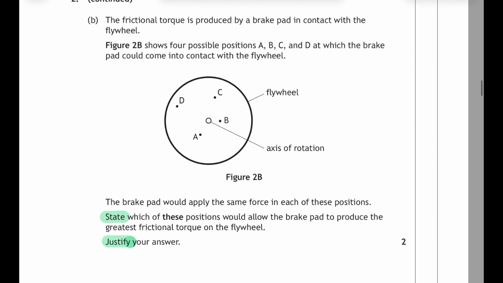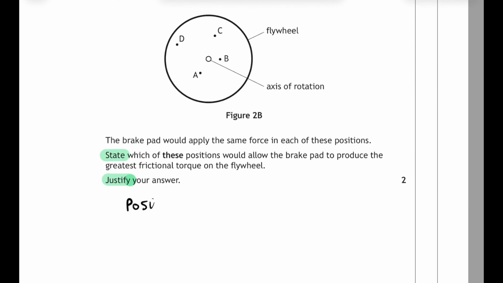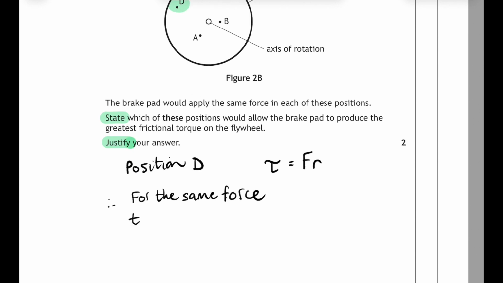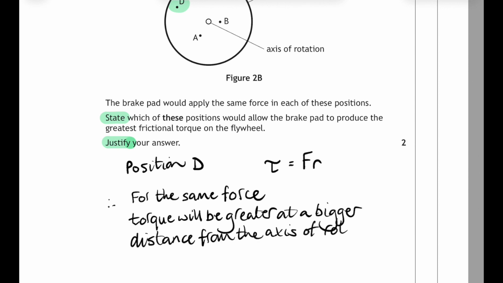Now, it would be position D, and if we think about this relationship on your relationship sheet, tau equals Fr, where tau is the torque, F is the applied force, and r is the distance from the axis of rotation. So for the same applied force, the torque will be greater at a bigger distance from the axis of rotation.